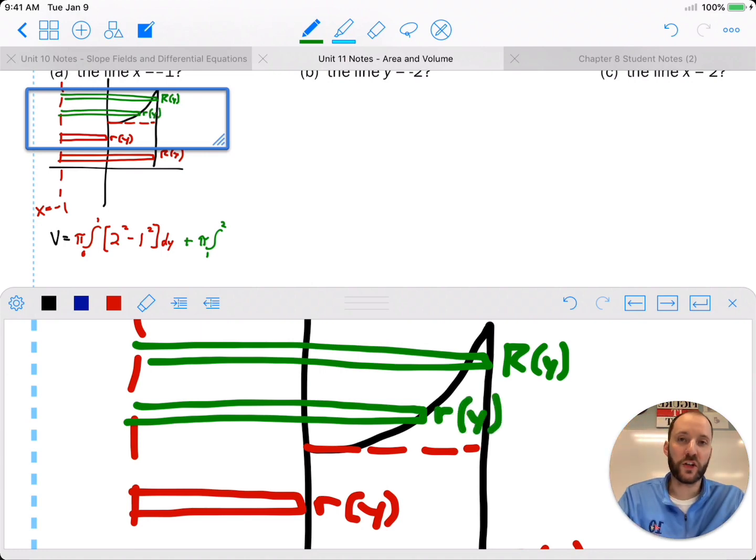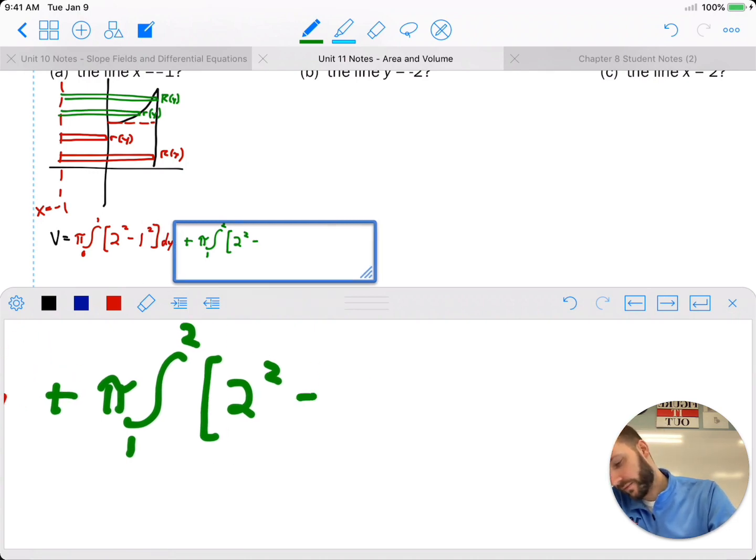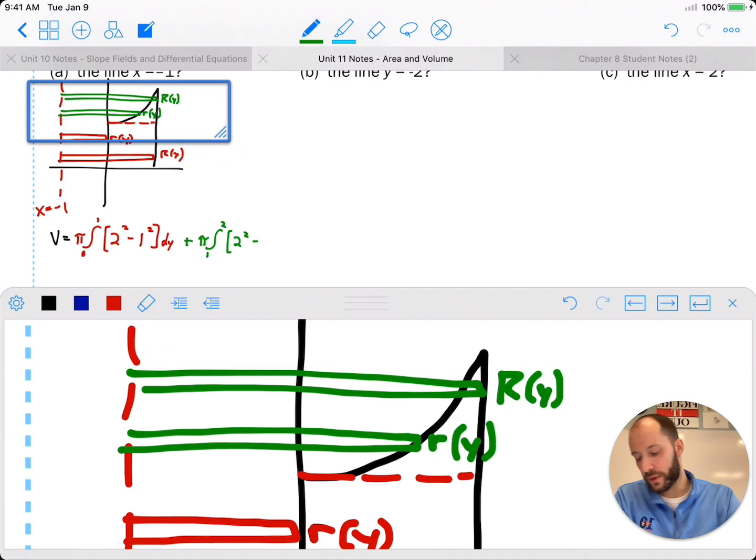Now to the far side, -1 to that other vertical line at x equals 1. So again, big R is going to be 2. Little r is going to be from -1 to the root y minus 1.